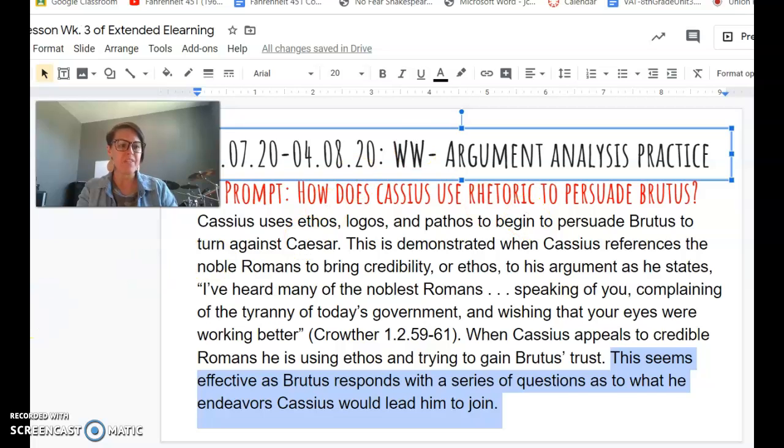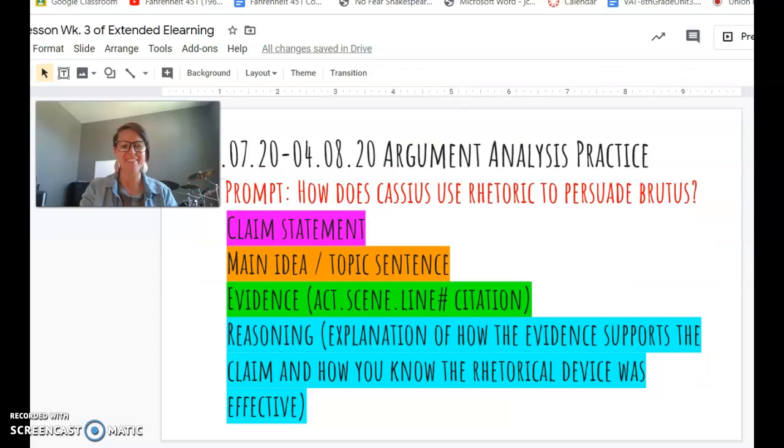So if we look at our next slide here, this is going to unpack the requirements for your practice analysis. So when you guys are working through your argument analysis practice, you should include a claim statement, which is very general. So if you go back and look at my example, we can highlight that.